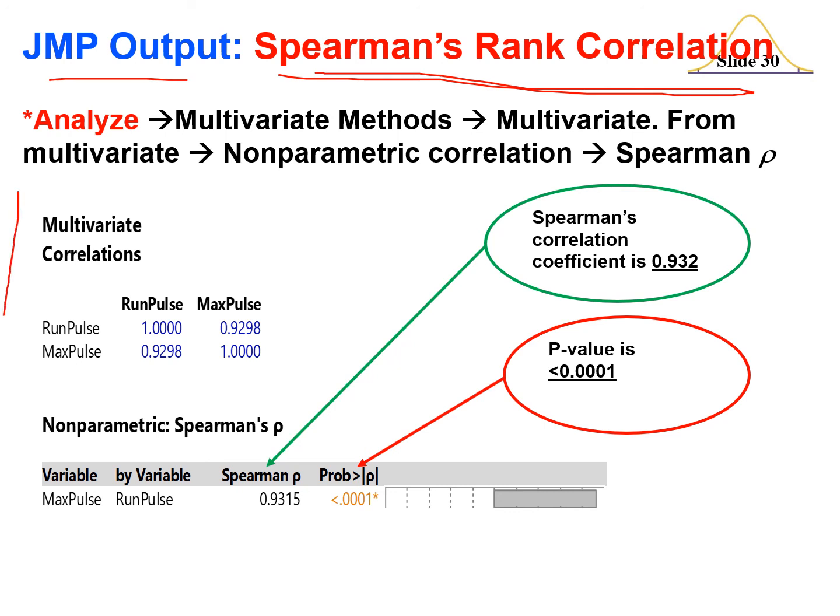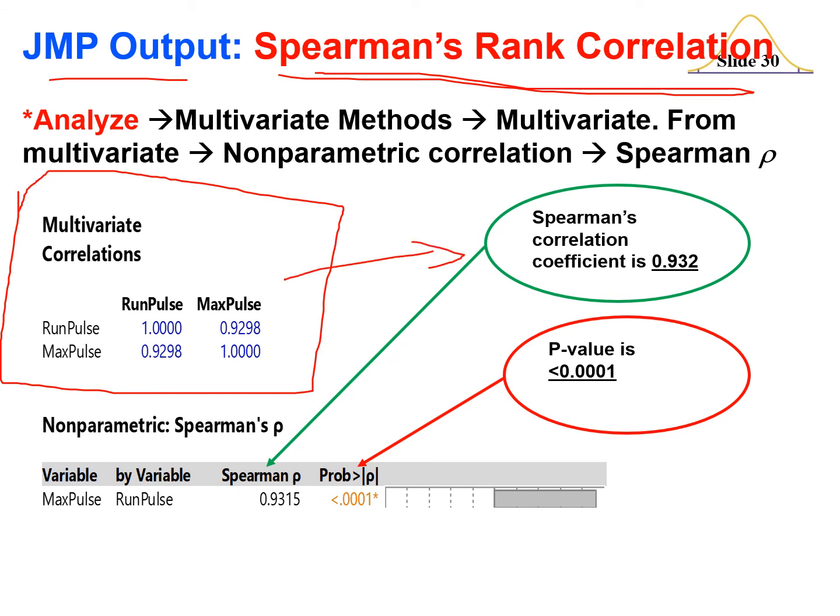This part is about linear correlation, so ignore it. Look here, we have non-parametric Spearman rho, the non-parametric Spearman correlation. These are the variables max pulse and resting pulse. This is the Spearman coefficient.